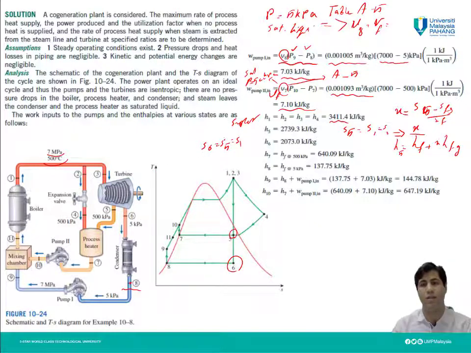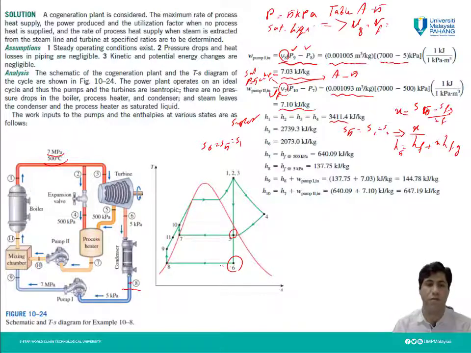So we have S, then by this equation we calculate X for H6, and then use the other equation. For the information Sfg, Hfg and Hf, we need to refer again to Table A5, and you can find Hf and Hfg for, for example, point 6.